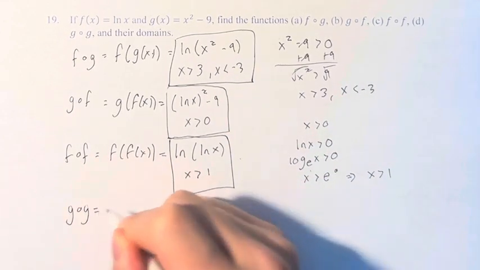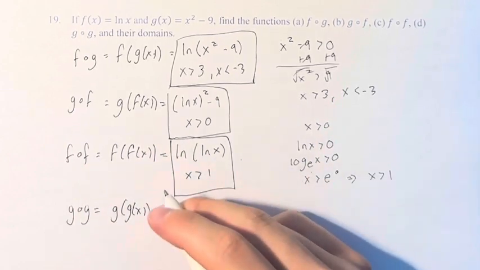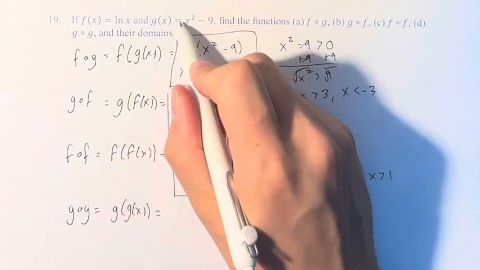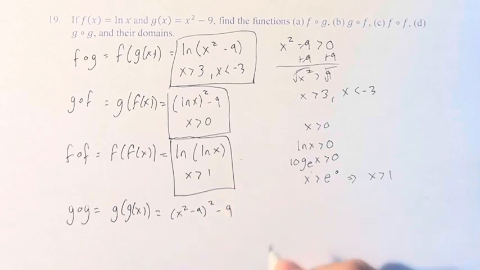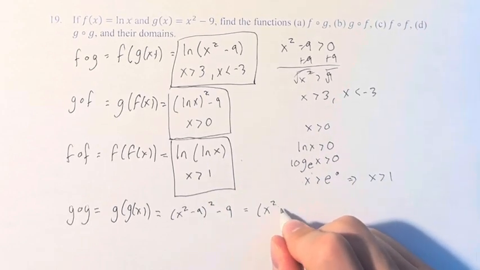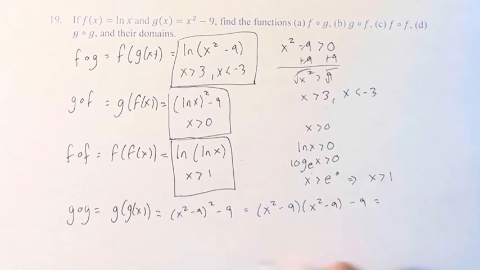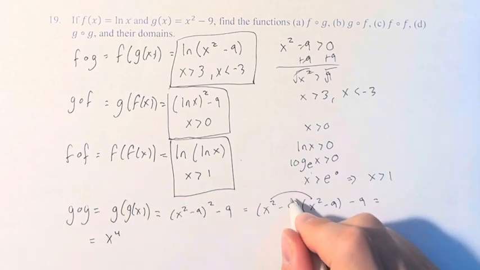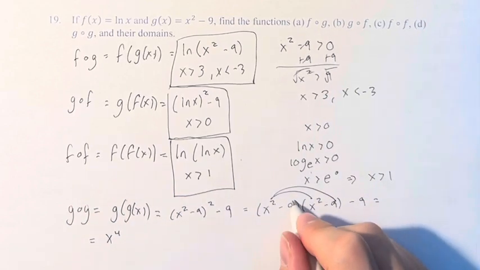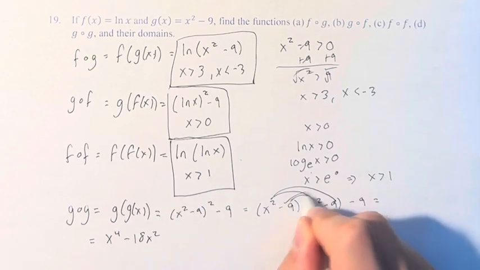And finally, we have g of g, which is g of g of x. And this is plugging in g into itself, so this becomes x squared minus 9, squared, minus 9. We can simplify this. We have x squared times x squared is x to the 4th, minus 9x squared, minus another 9x squared is minus 18x squared.